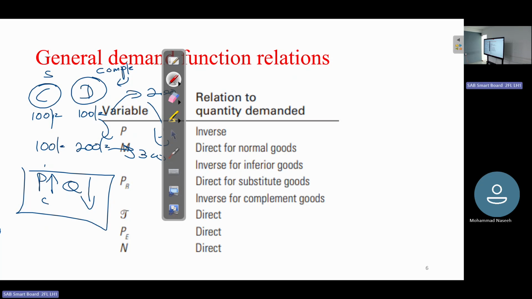Demand represents the entire demand line.